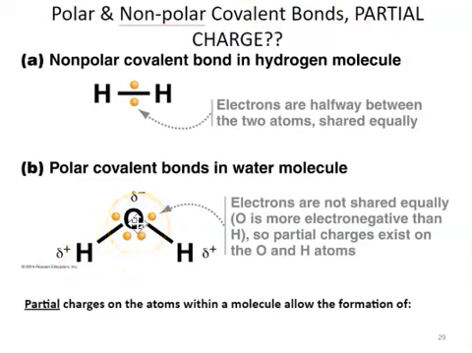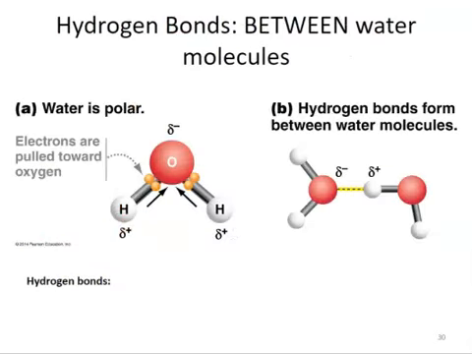Here, oxygen is very electronegative, hydrogen is not that electronegative. The shared valence electrons are pulled towards the nucleus of the oxygen. This unequal distribution of these shared electrons leads to a partial negative charge on the oxygen and a partial positive charge on the hydrogen atoms.